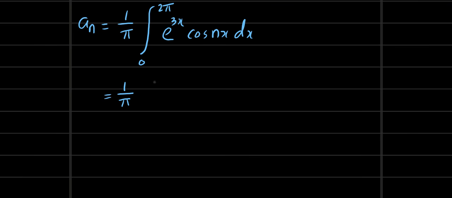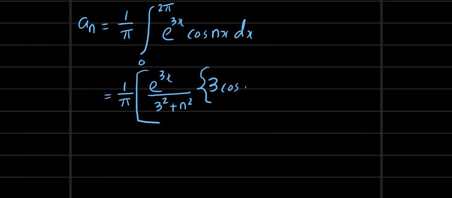So e to the power 3x by 3 square plus n square. I had to put a bracket here. And think diagonally, 3 cos nx. And now time to think about integration. Integral of cos is positive, so that gives me the confidence. I'll write plus n sin nx within 0 to 2 pi.